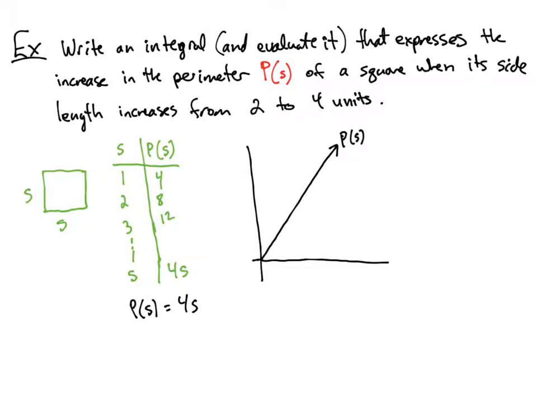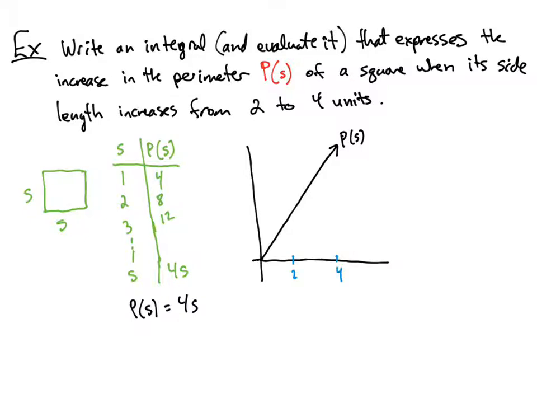What we want to do is find an integral that expresses this relationship when the sides of the square increase from 2 units to 4 units. So suppose this is 2 and this is 4.